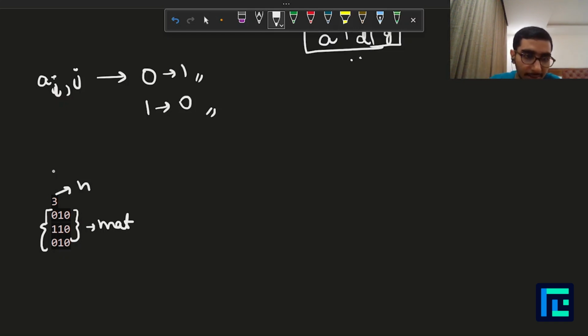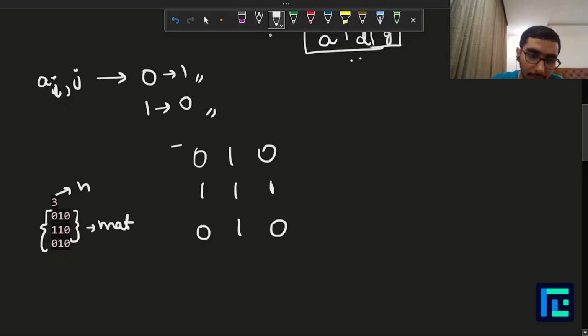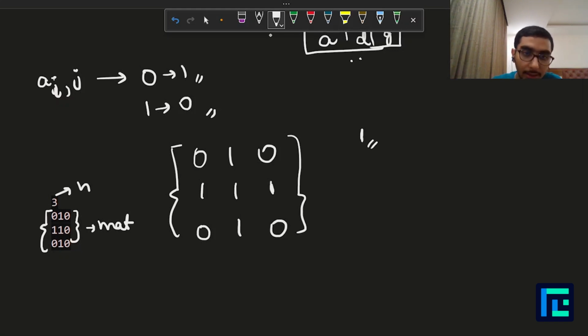So let's say this was our matrix, and what I do is I change this 0 to a 1. So now it will look something like this. Yes, this is our new matrix. So the number of changes that I made was 1. I made only one change.